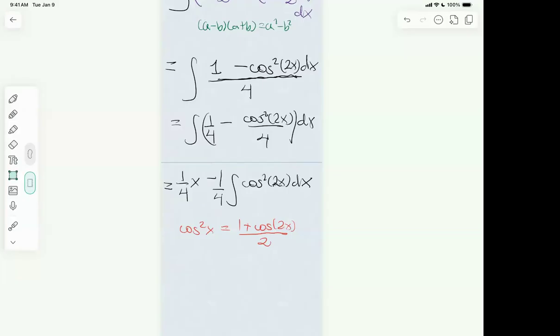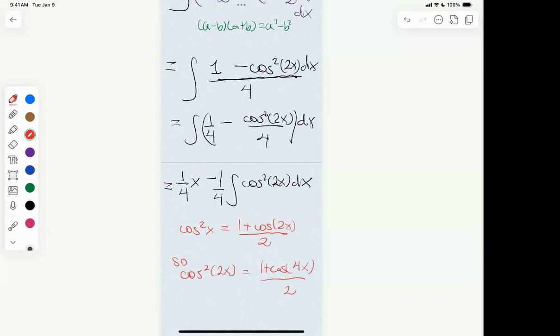So what this says is that cosine squared of 2x is 1 plus cosine of 4x divided by 2. Does that make sense?